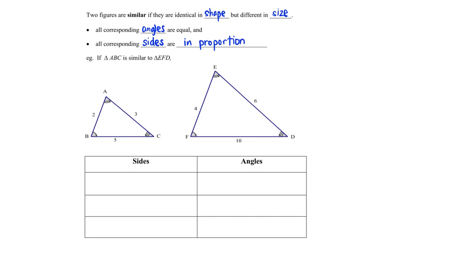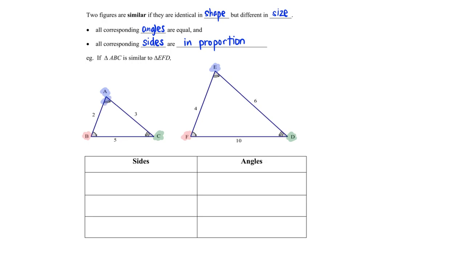So, for example, if I say that triangle ABC is similar to triangle EFD, the very first thing to take note of is that we must always make sure that the corresponding sides are matching to each other. Then let's work on the angles first, okay?